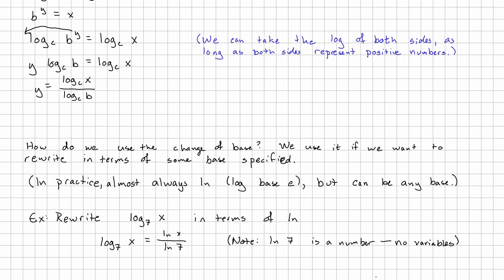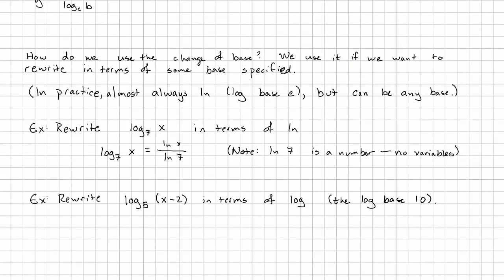Okay, I'm going to give you one of these to try. Rewrite the log base 5 of x minus 2 in terms of the log with no subscript, so that's the common log, or the log base 10. Pause the video and try this now.